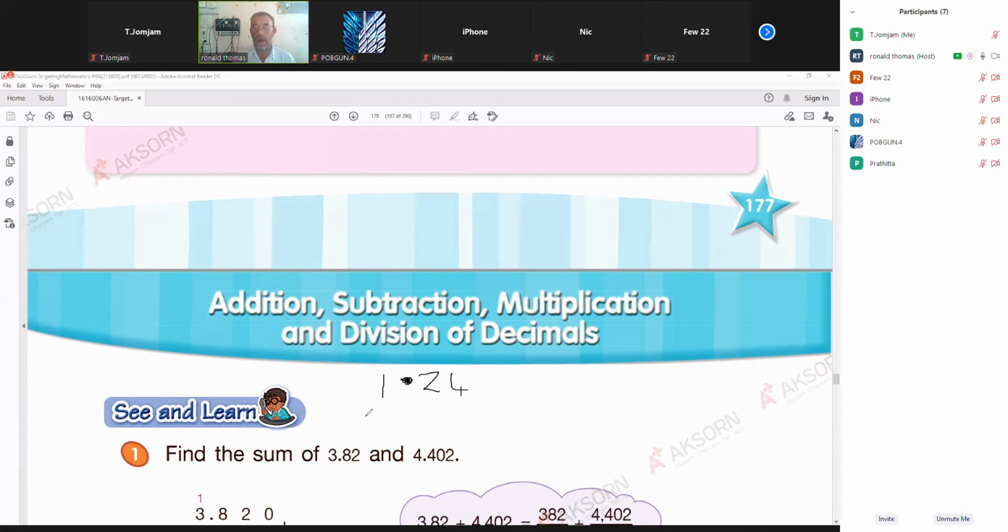1.24, and I am adding 3.016. If I am adding them, remember my position of my decimal point.